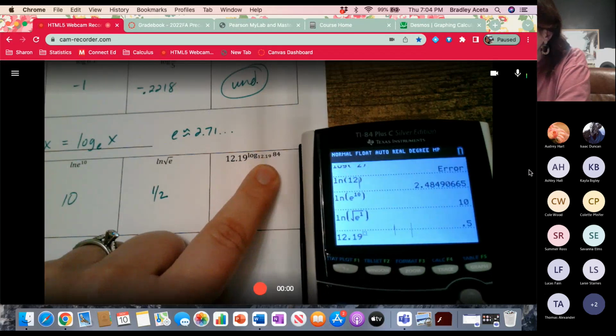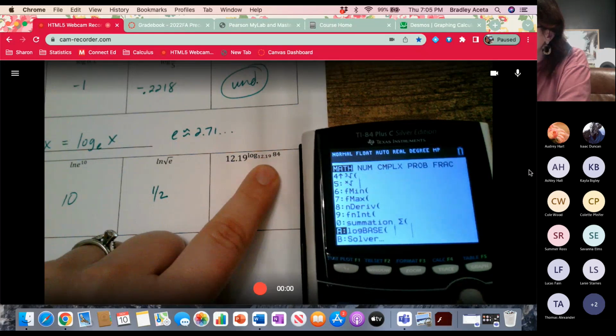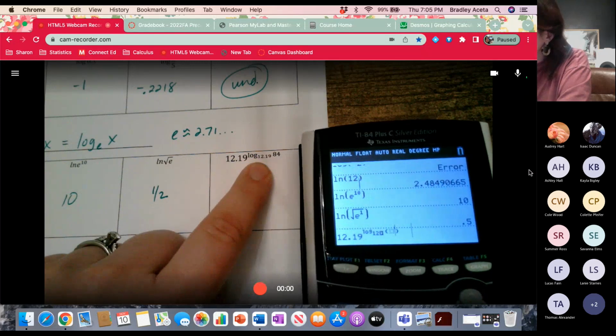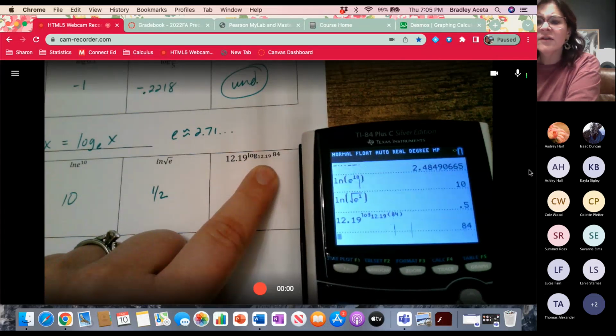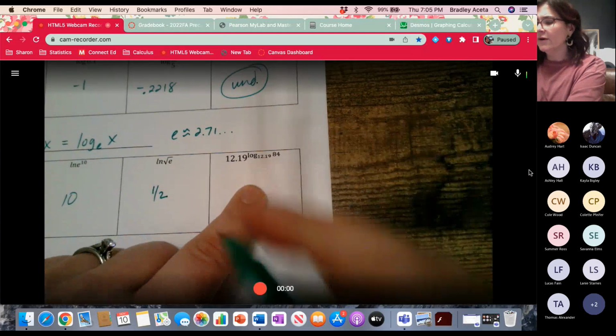So let me do that real quick. Let me do log base, which is math, log base. And my base, according to this, is 12.19, of 84. And I'll hit enter, and look at that, 84.